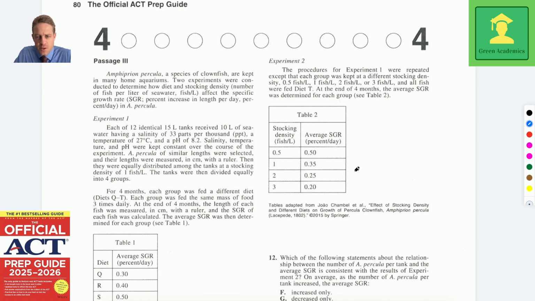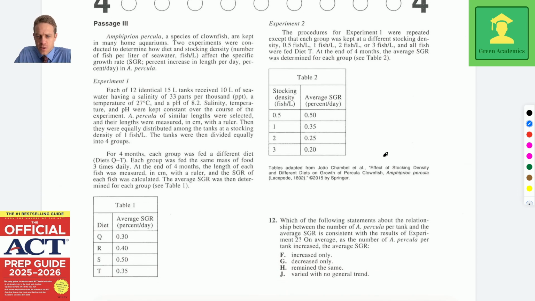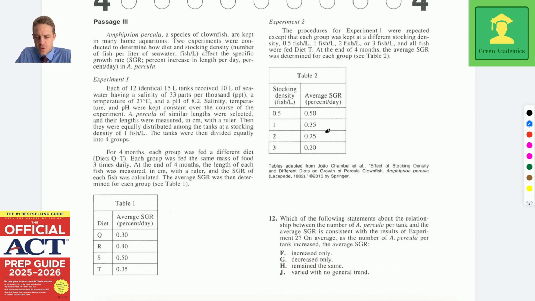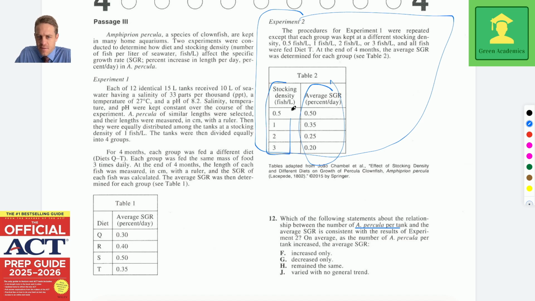Okay, because we have charts and graphs, we can go right to the charts, right to the first question and point back to the charts and graphs. Which of the following statements about the relationship between the number of AP per tank and the average SGR is consistent with the results of experiment 2? Experiment 2 is this. Average SGR is this. AP per tank. Well, stocking density of the fish per liter.